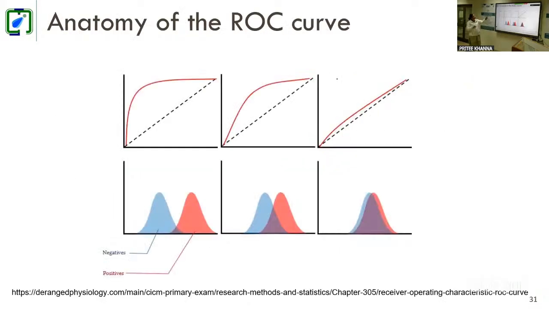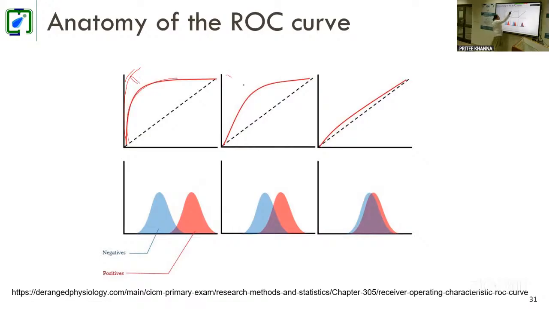Now here you can see that this is the anatomy of the ROC. These are the three different versions, and this is how the ROC is plotted, right? What we wanted, the best thing will be closer to this side, right? So here you can see the separation is more because the curve is towards this.